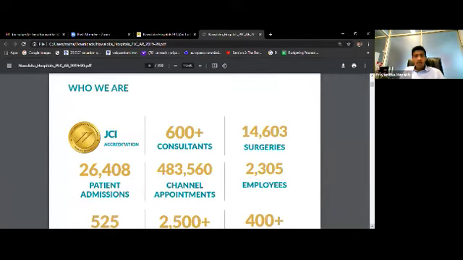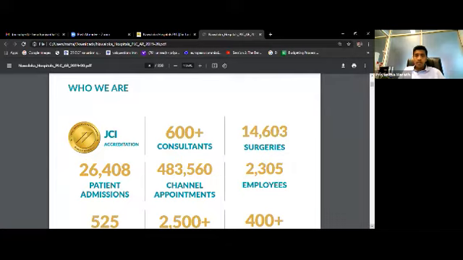Then, who we are. In the 2015 annual report, we couldn't see this kind of highlights. So you can get the overall picture of the organization from this page.